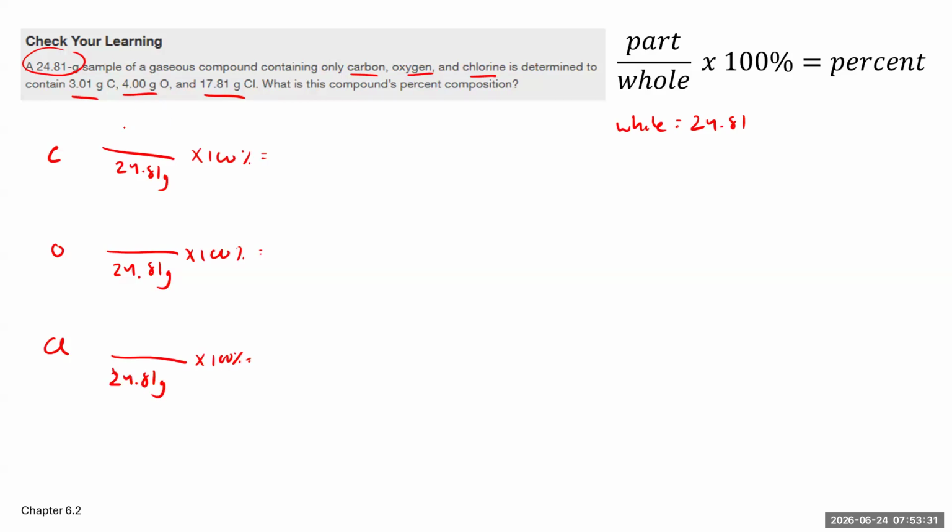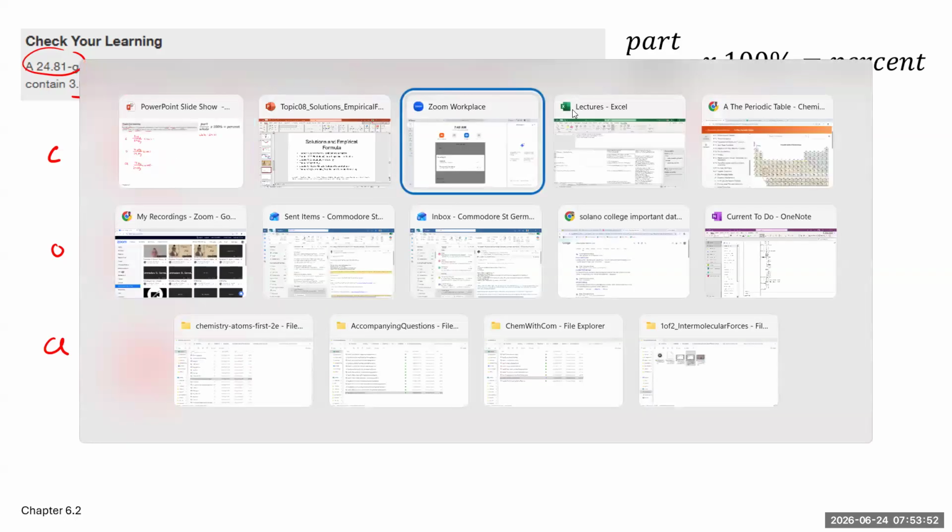This is where we're going to have to change it up: 3.01 grams of carbon, 4.00 grams of oxygen, and then we have 17.81 grams of chlorine. So let's just go do the math. I'm going to pull up my calculator. Let's see, where did I put that? Over here.